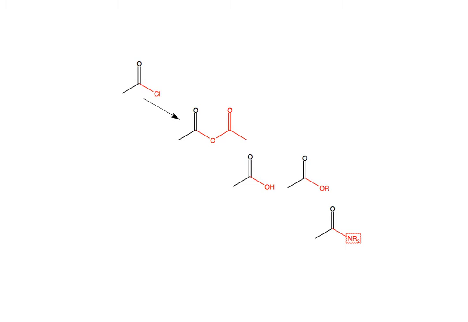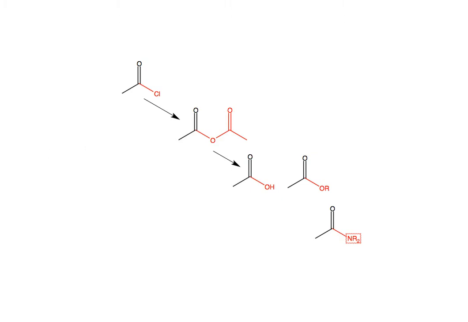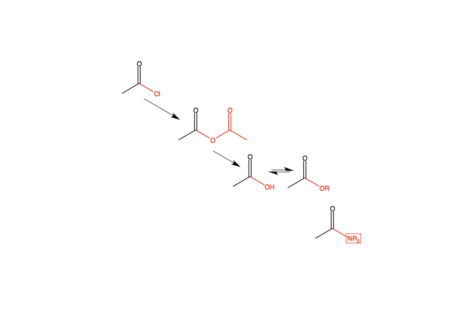Likewise, if we use the acetate leaving group, an OH or water as a nucleophile, we could turn an anhydride into a carboxylic acid. We've already seen in the past quarter that we can interconvert carboxylic acids and esters. And finally, we can potentially convert any of these, by losing those leaving groups, into an amide.